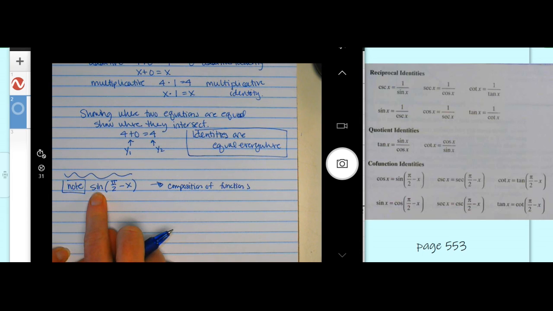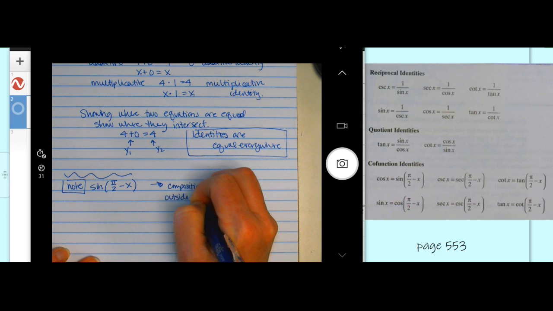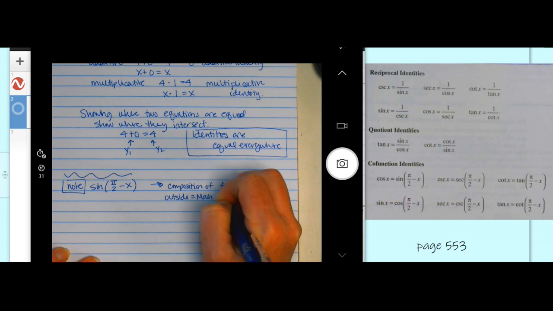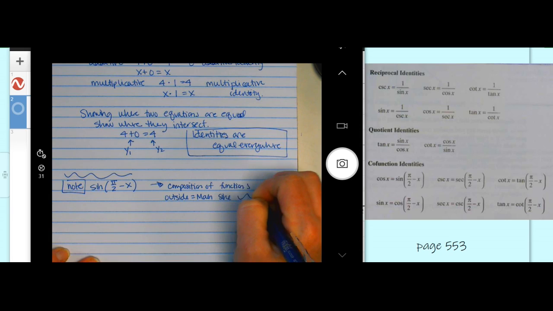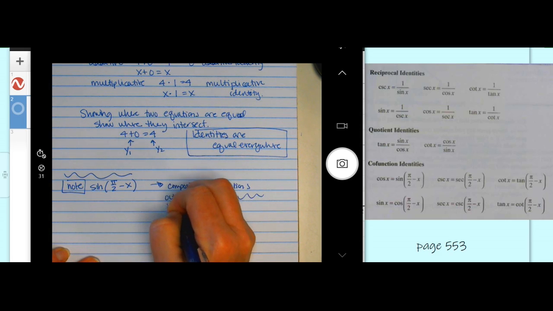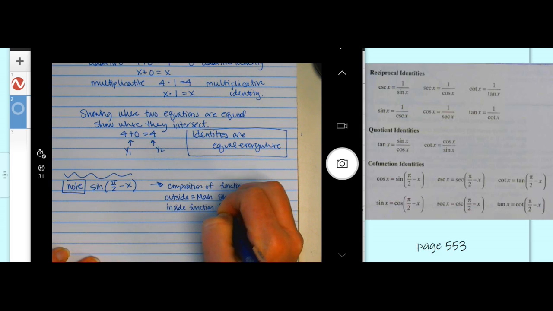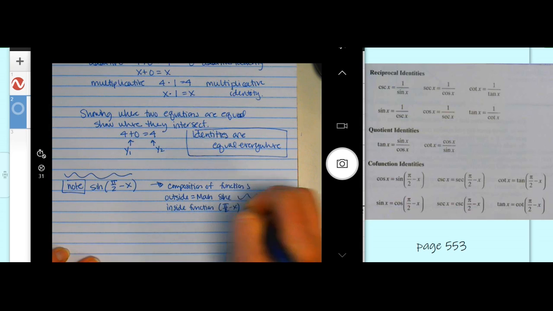That tells us that it'll be a repeating wave, and this tells us how the wave will be shaped. So the outside function, which is the main function, is sine. So it'll be some sort of wave. And then the inside function, pi over 2 minus x, helps define the shape.